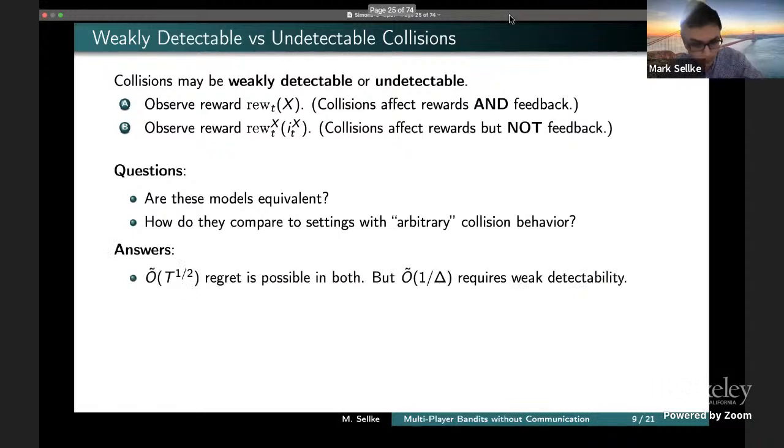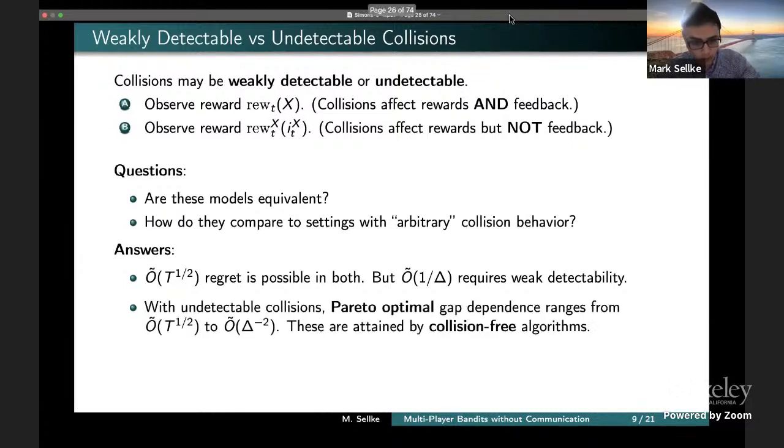Here are some answers that I'll explain in more detail in the rest of the talk. So first off, if you want to get square root T regret, you can still do it in either case. But you can get much better gap-dependent guarantees if you have weak detectability. So if your reward is 0 when you collide and you get to see that your reward is 0, then you can get 1 over the gap up to log T factors.